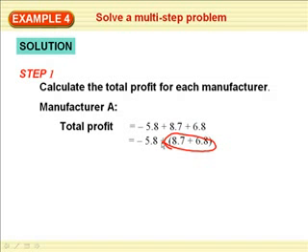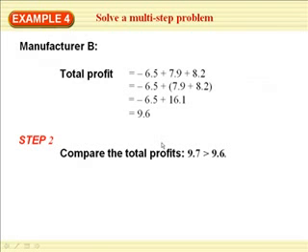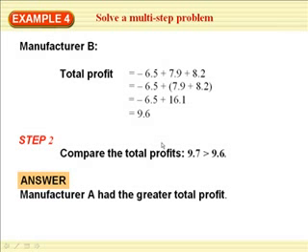So let's see what their profit was: 9.7 million. And then B. See how they grouped those numbers together, and again they added the positives together, so 9.6 million. So 9.7 million is greater than 9.6 million, so manufacturer A had the greater total profit just by $100,000.